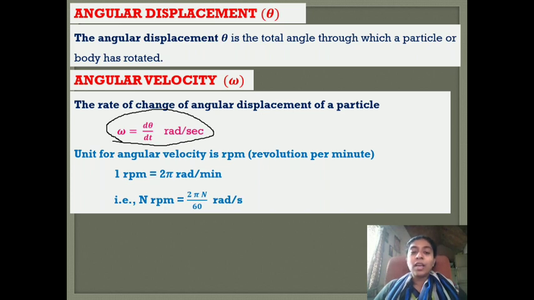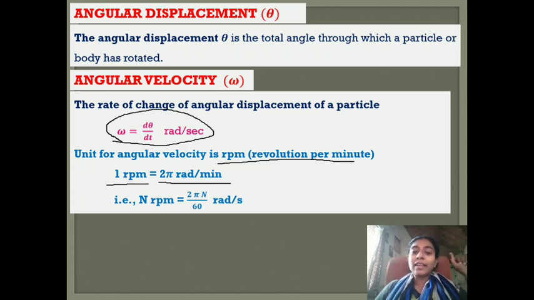Now the unit for angular velocity is revolutions per minute, that is RPM. We know 1 revolution is equal to 2 pi radians, that is 360 degrees. I repeat, 1 revolution is equal to 2 pi radians.